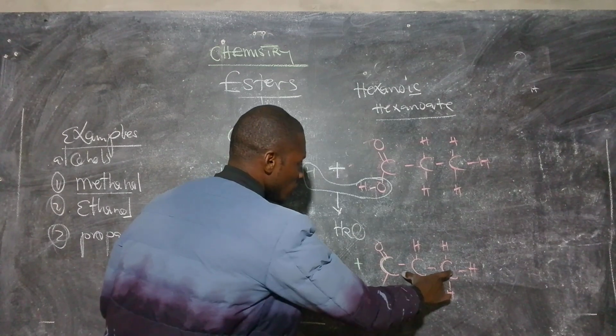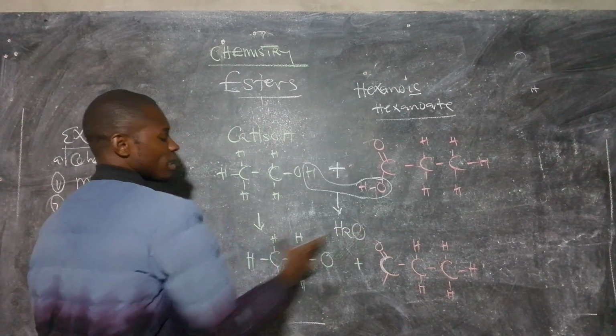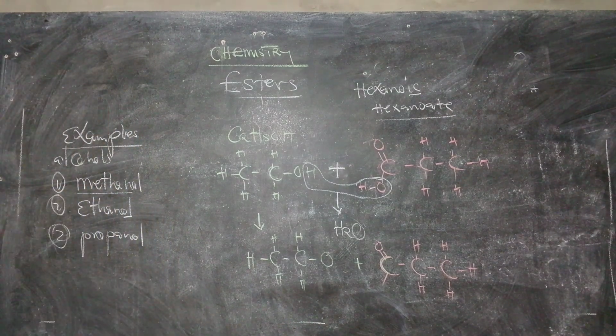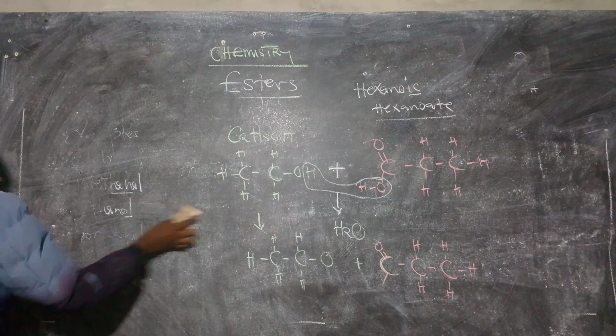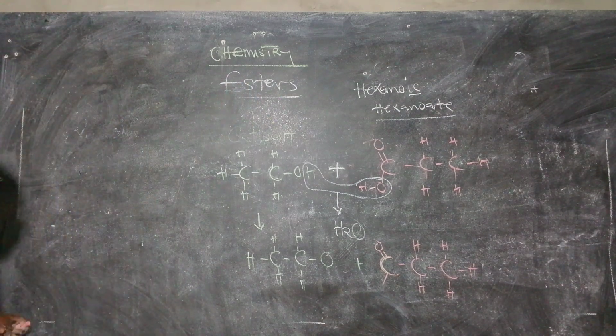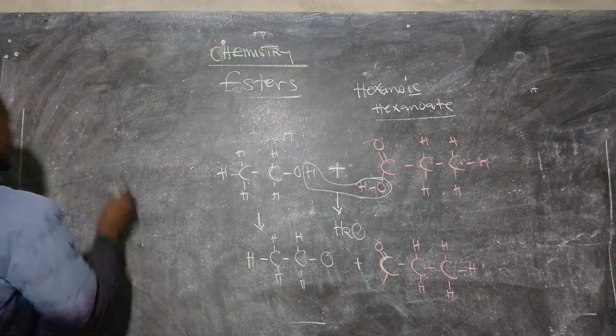So I'm just going to lift this part and put it somewhere here so that I can form my ester. So let me use this part. So I do have this.